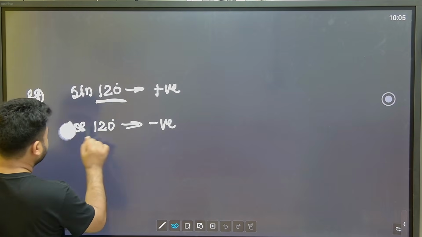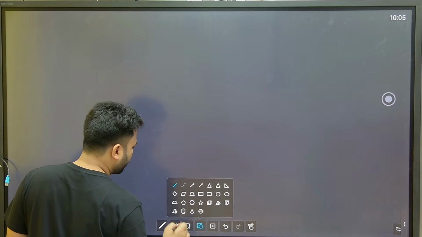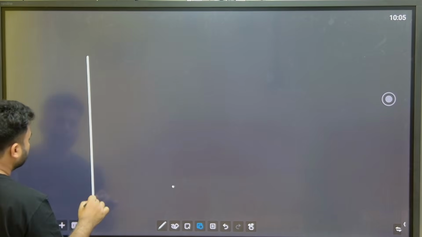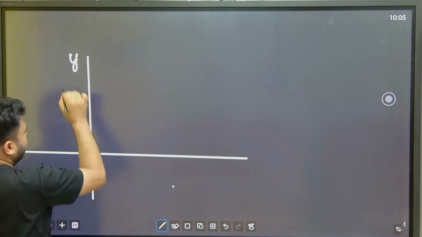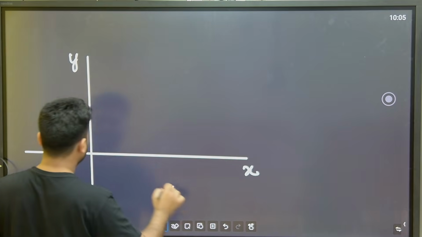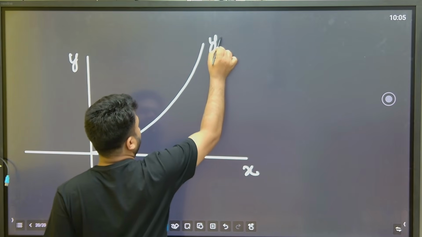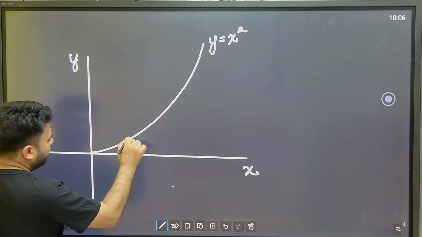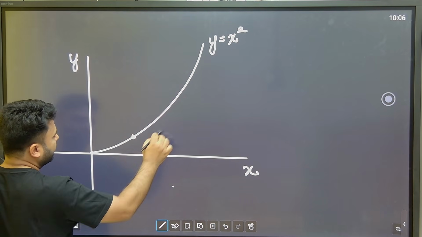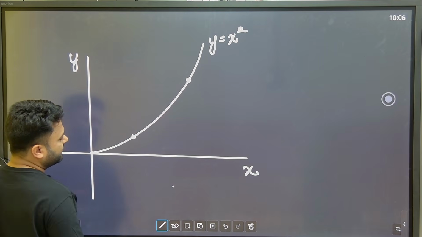Okay. See what I'm saying, this is a y versus x graph. Suppose this is the curve y equals x square. Anything they can give. From this point to this point, you can see the y value is changing now.